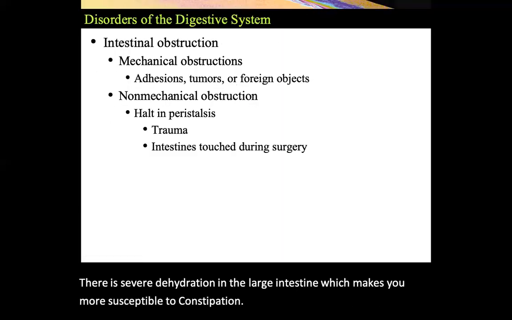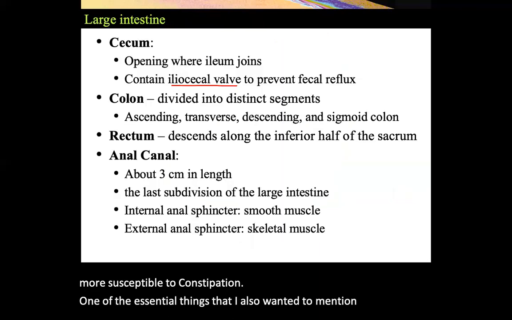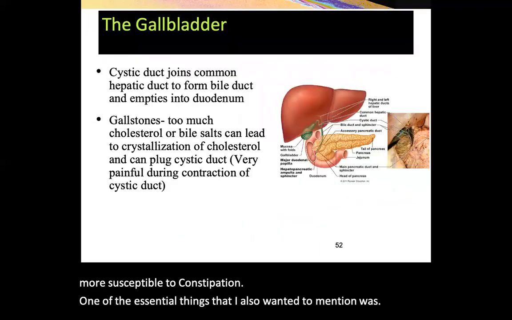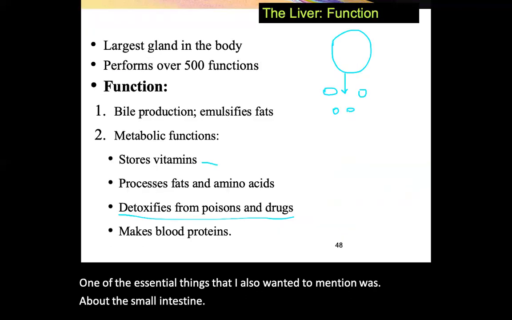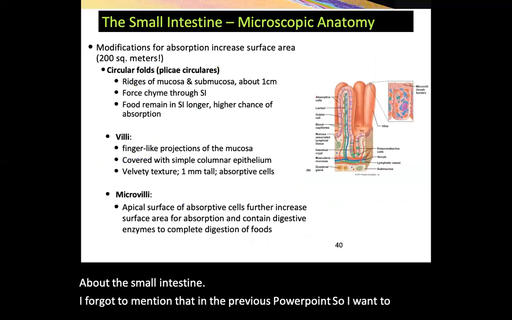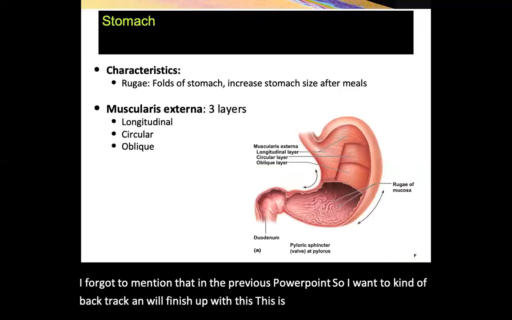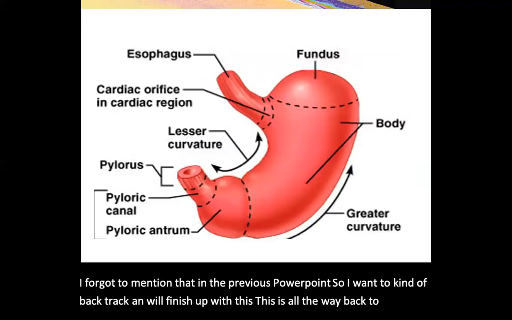One of the essential things that I also wanted to mention was about the small intestine, and I forgot to mention that in the previous PowerPoint, so I want to kind of backtrack and we'll finish up with this. This is all the way back to the stomach, sorry, not the small intestine.